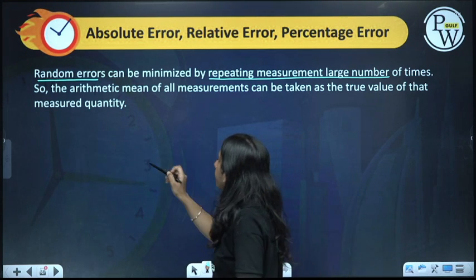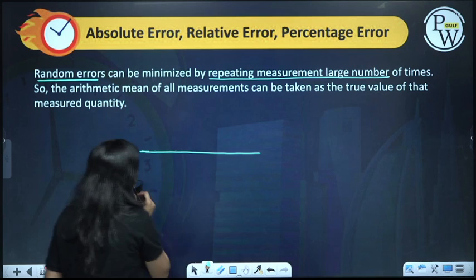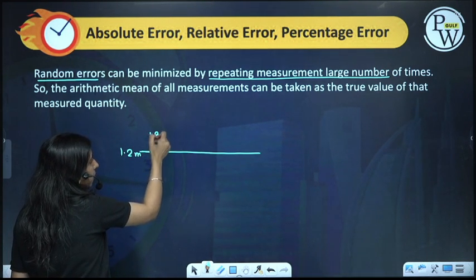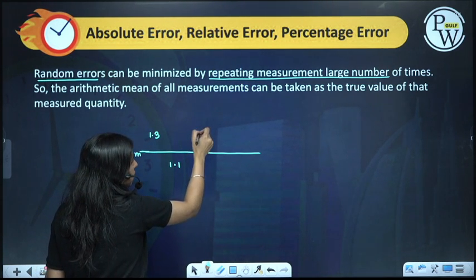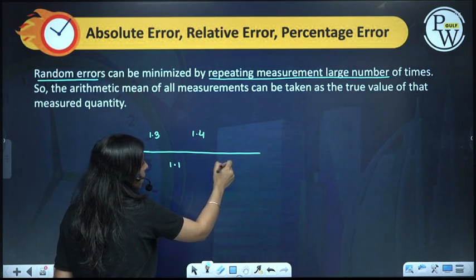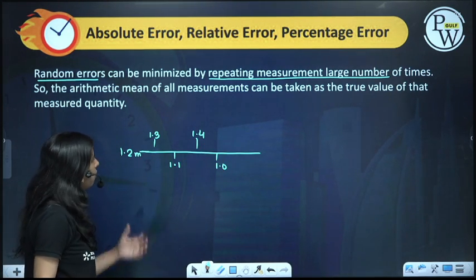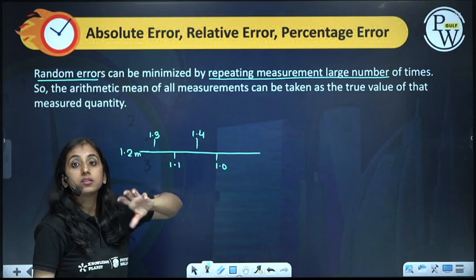Suppose the actual length is 1.2 meters. Once I measured 1.3, then I measured 1.1, then 1.4, then 1.0. So again the deviation of the measured value from the actual value is random.